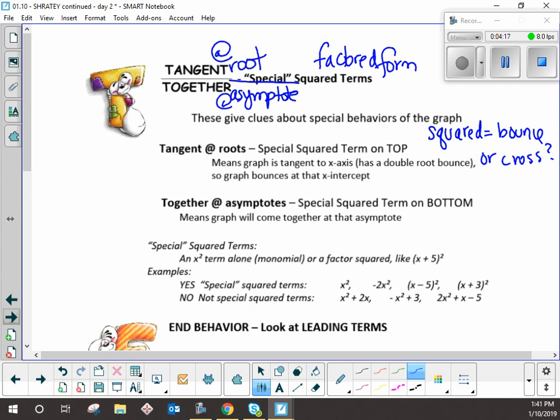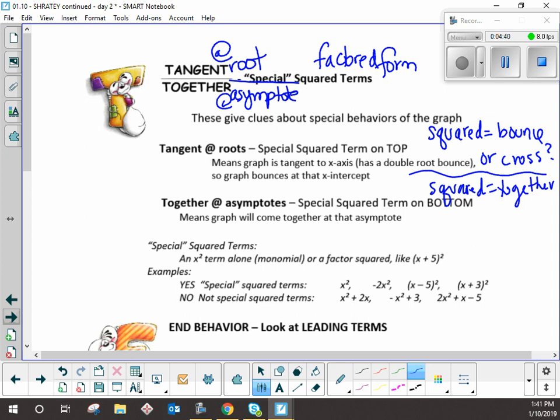For the bottom, if you have a factor squared, it means it's going to come together at the asymptote. It means that, because there's two pieces of the graph on either side of the asymptote, coming together looks like this. It's going in the same direction. It's either coming together and going down, or it's coming together and going up.